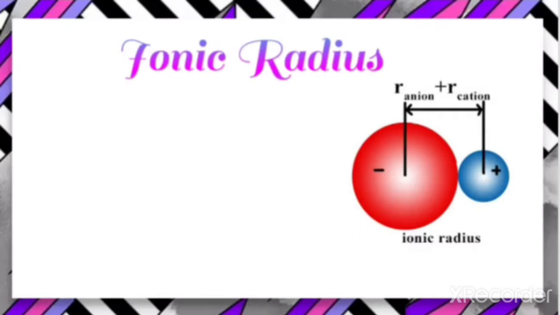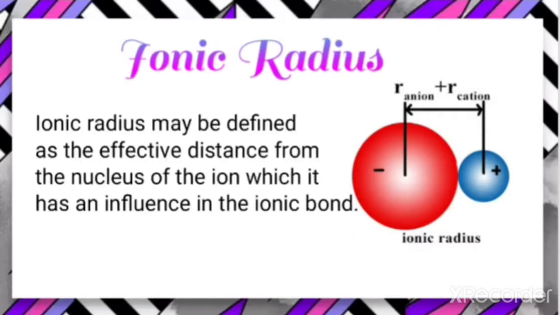We'll take estimated values. We'll define the ionic radius in this way. Ionic radius may be defined as the effective distance from the nucleus of the ion which it has an influence in the ionic bond. So an estimated value is taken as the ionic radius.